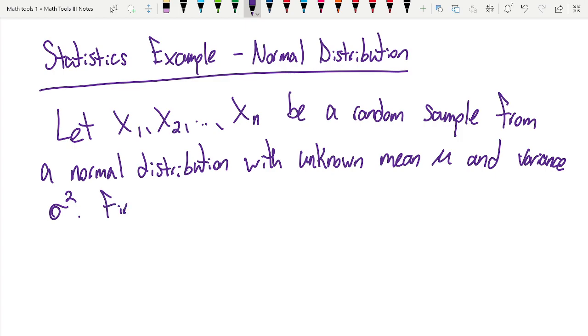And we want to find the MLE of mu and sigma squared. Not sigma, sigma squared, which is an important distinction here.